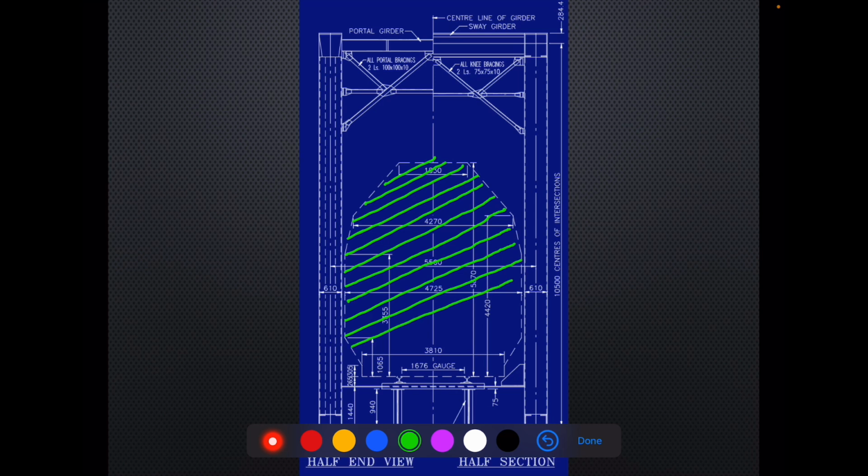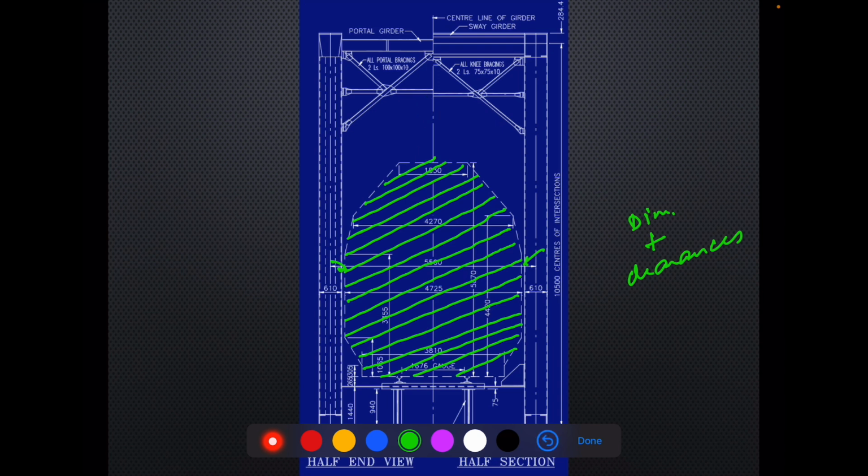So the dimensions of this body will decide the minimum internal dimensions of my open web girder, because there is a certain set of dimensions of this vehicle, plus we have to provide certain clearances here and here and at the top.